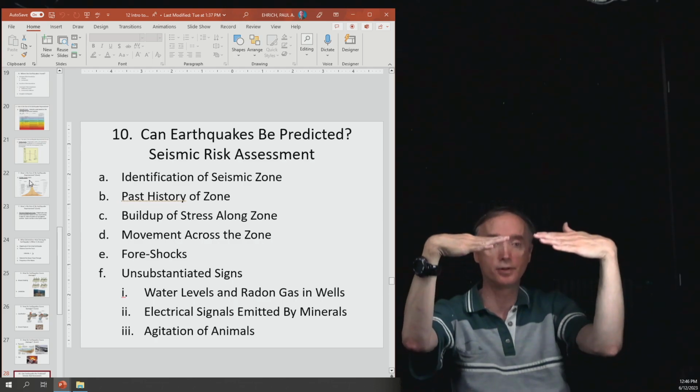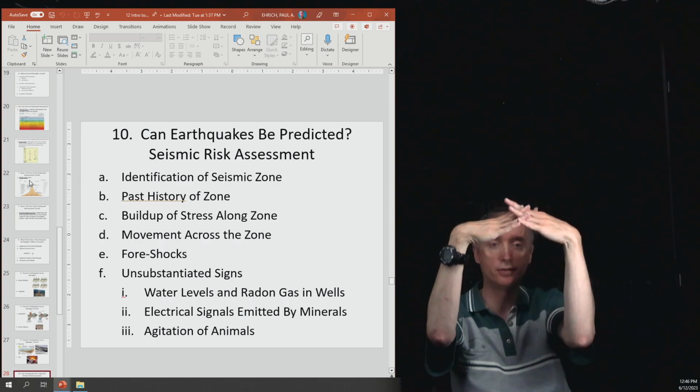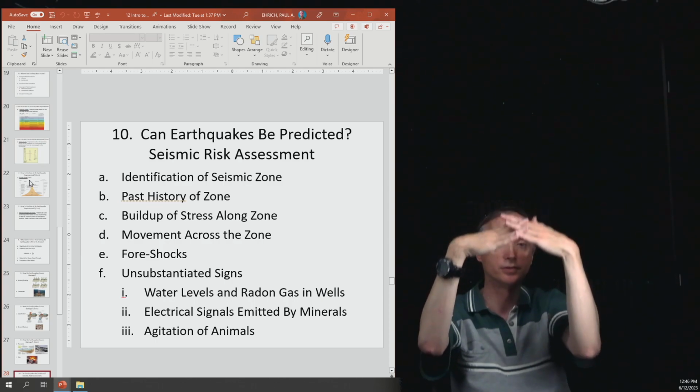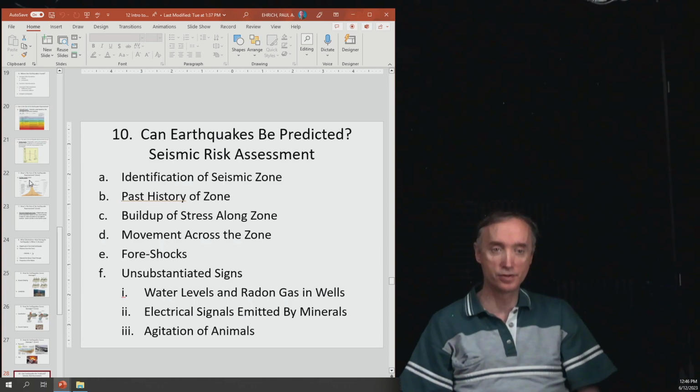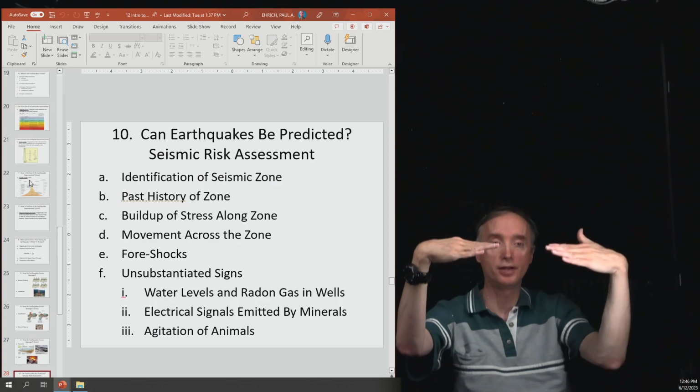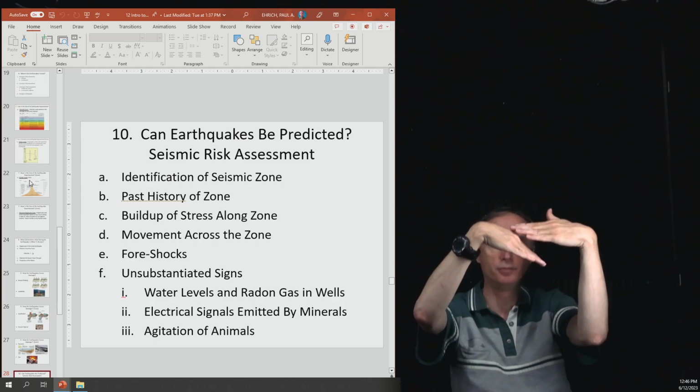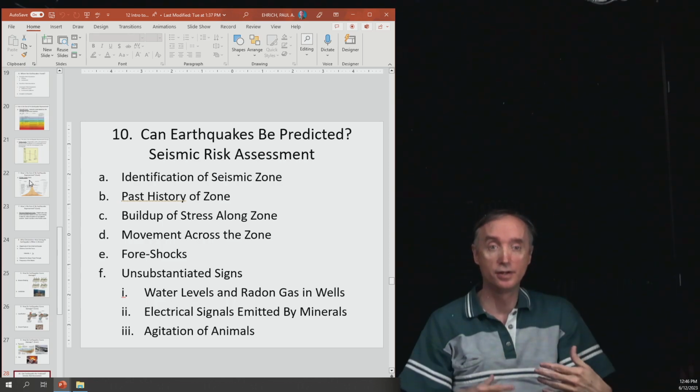If you have a place where plates are being pushed together, that could be a seismic zone. Then there's the past history of the zone. There could be places where the plates are diving underneath the other plate, but there hasn't been an earthquake in 1,000 years, so chances are there's not going to be another earthquake in another 1,000 years.